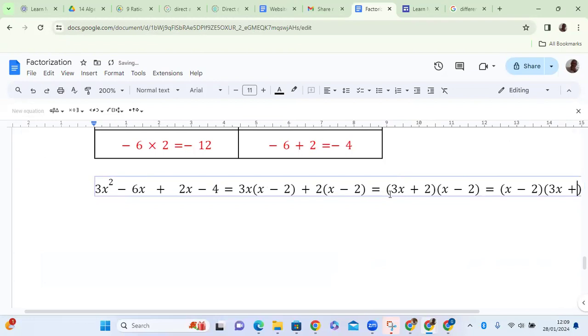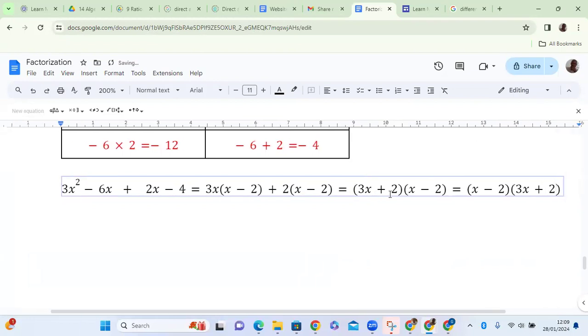It's the same because multiplication is commutative. 4 times 5 is the same as 5 times 4. So 3x plus 2 times x minus 2 is the same as x minus 2 times 3x plus 2. And that is the final answer. We have factorized this quadratic. We have rewritten it as a pair of 2 brackets factorized.